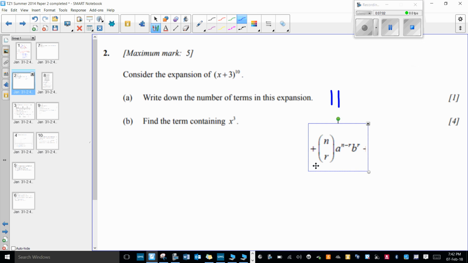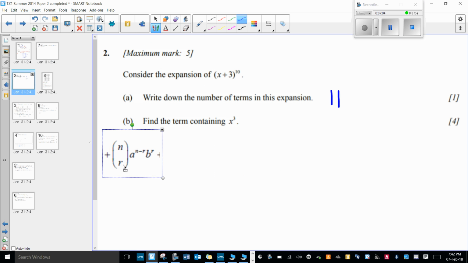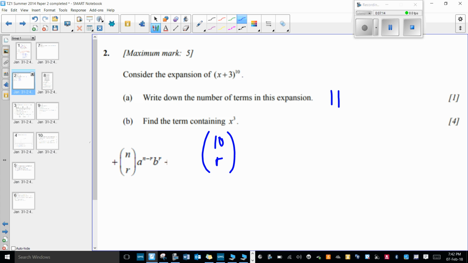This is our general formula. So our n is 10. X to the 10 minus r, and 3 to the power r. So that's our general rule of thumb.